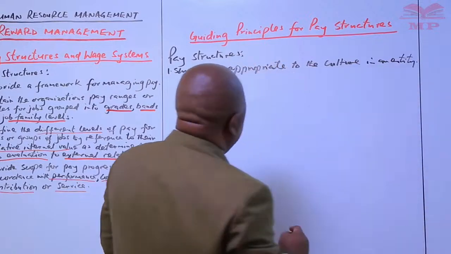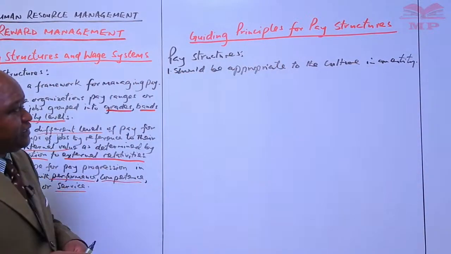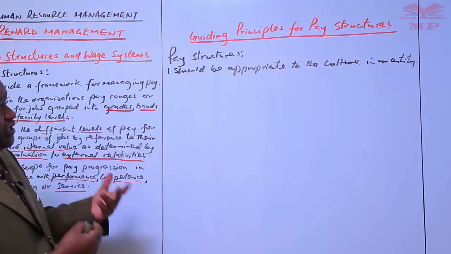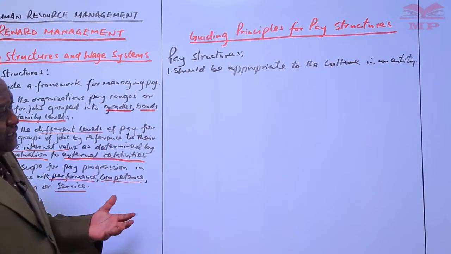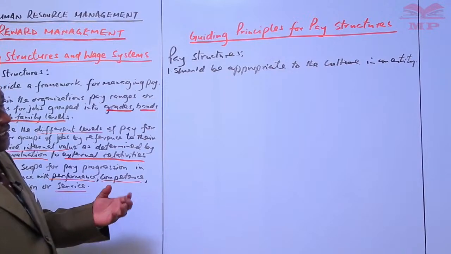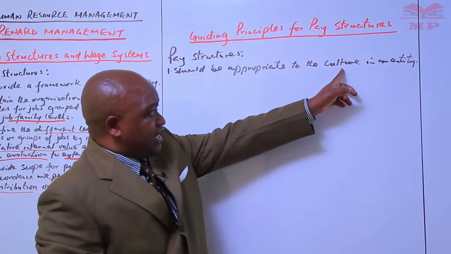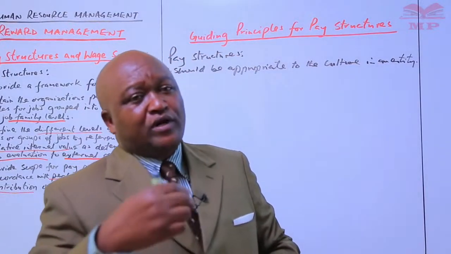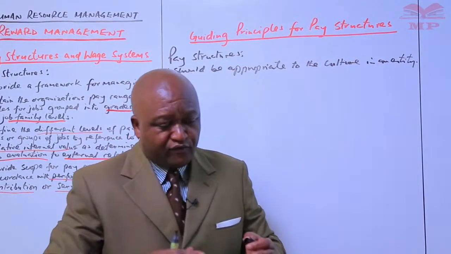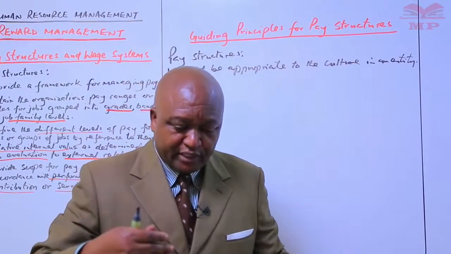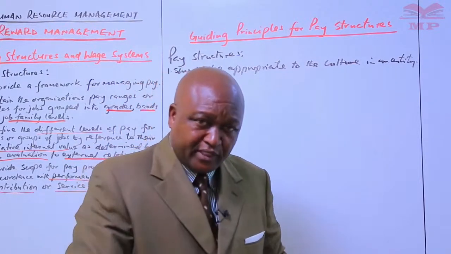For example, if you are dealing with public service, then the pay structure that should be adopted should be an appropriate pay structure that takes into consideration the culture. As you have noticed within the civil service ranks, employees work for long durations of time, and in most cases they look at the aspect of seniority.